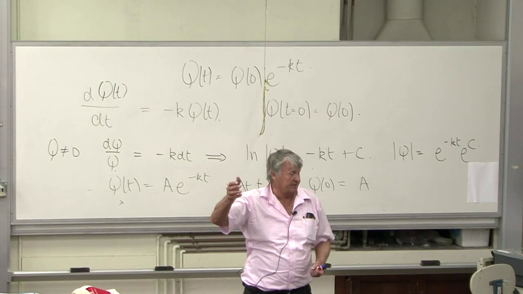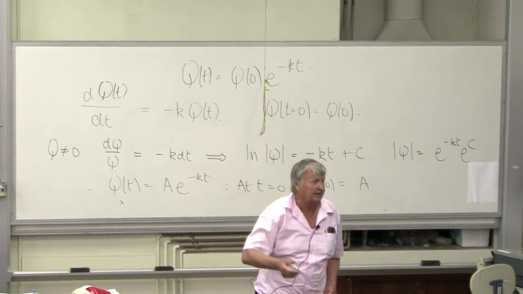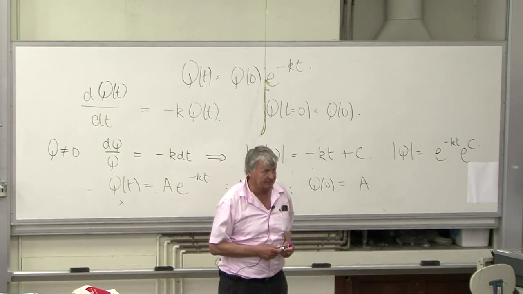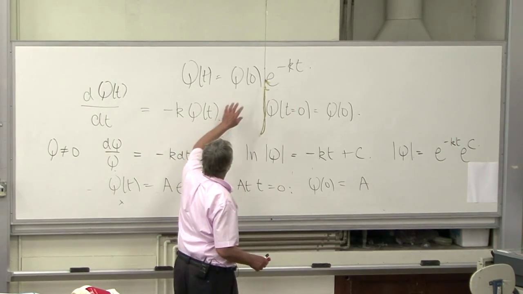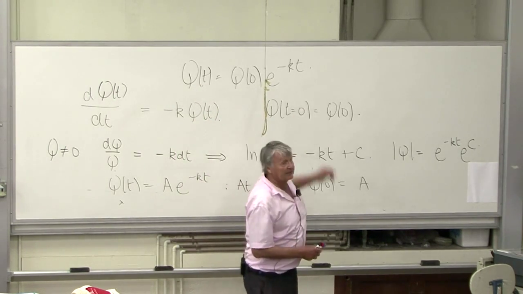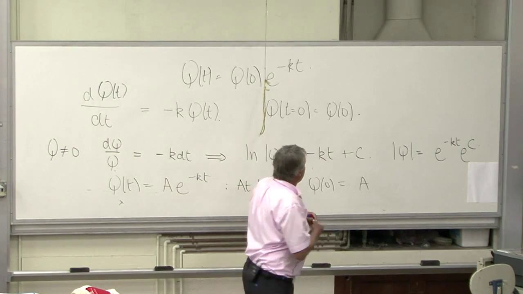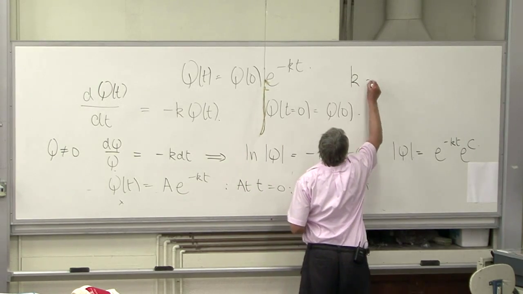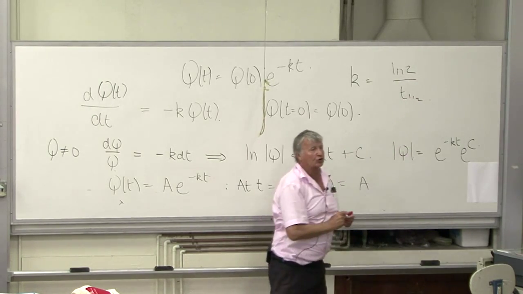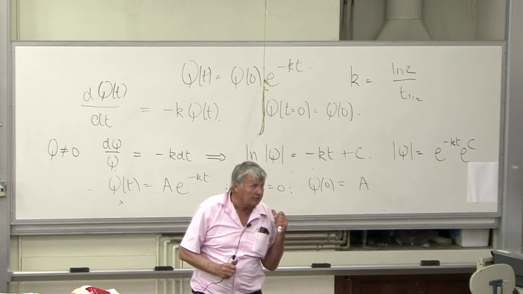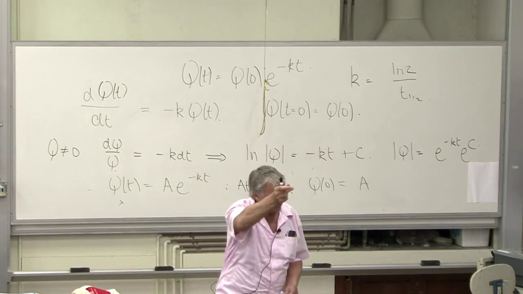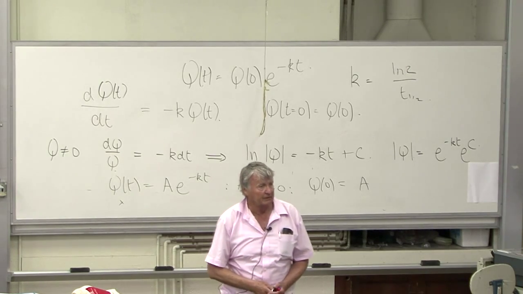We do in other contexts where we have growth and things like that, but in this context, the way we measure this is we give you the half-life. We tell you the time it takes for this to decay to half. That's equivalent to giving you k. The k is in fact log 2 over this half-life. So when you look up the half-life in the book, your k is then log 2 over that half-life in years.